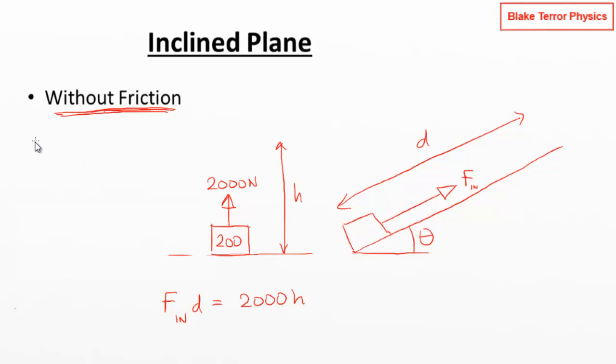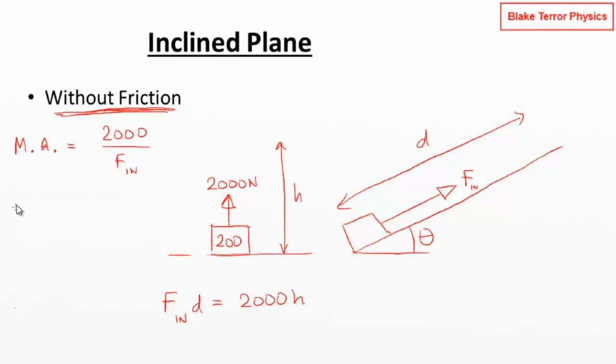Remember our other descriptions that we had. We have our mechanical advantage. So what is the multiplier of force that we're going to be getting here? So our output equivalent force is we're lifting upwards with a force of 2,000 newtons. But our input force is going to be much less than that.